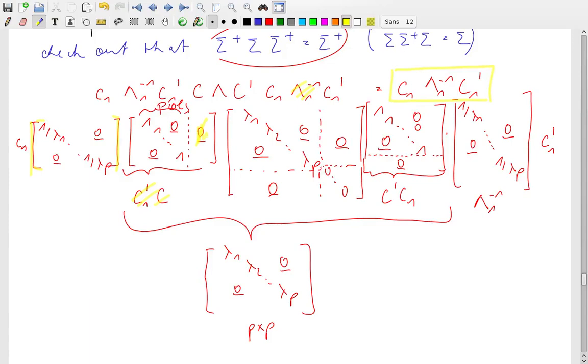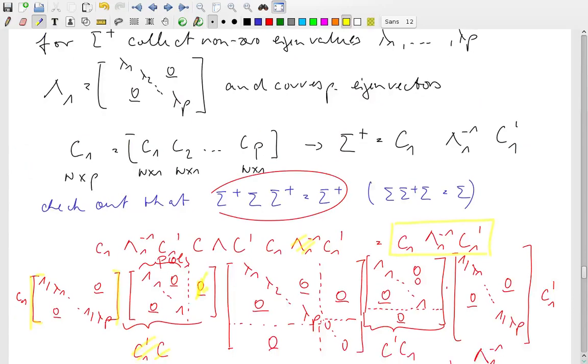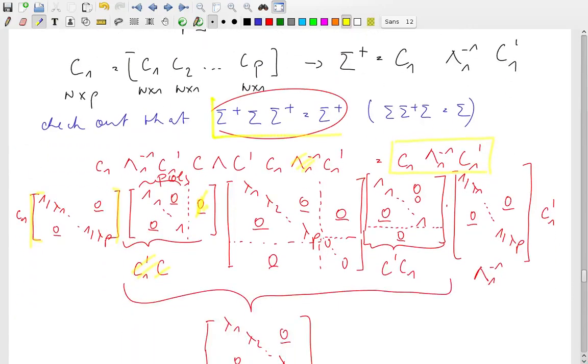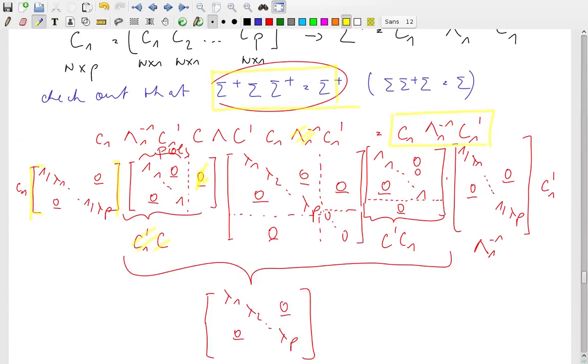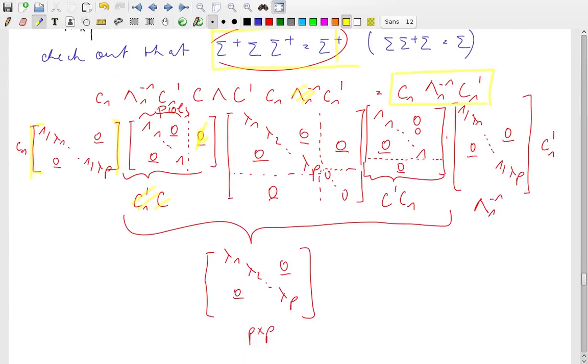And that is the claim, right? If you carry out this multiplication invoking the pseudo-inverse of the matrix sigma, you should get the pseudo-inverse again. And this example here verifies that it actually is true. Okay, so that's just a sidetrack to illustrate a bit the computation and the use of the pseudo-inverse.